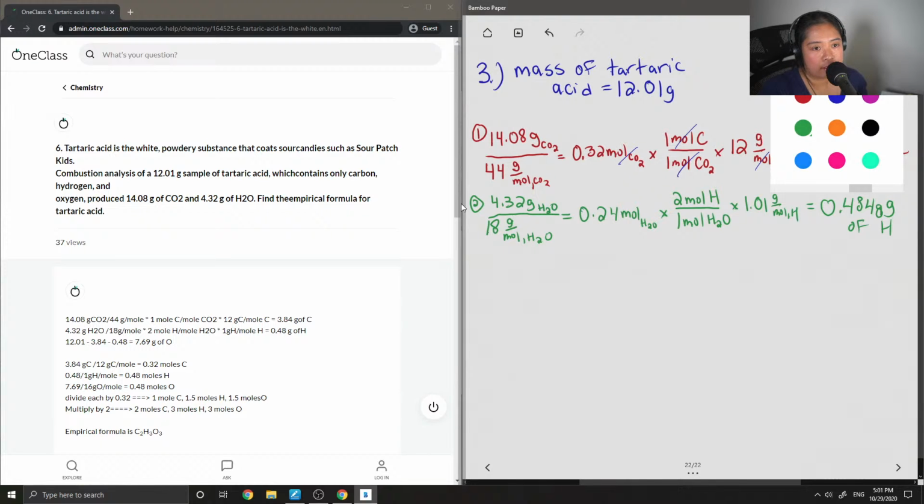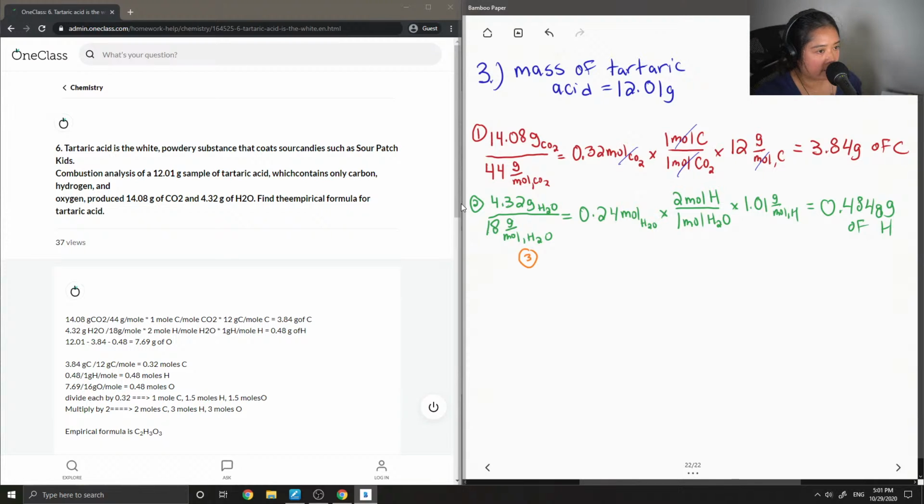So now, just by doing the law of conservation of mass, if I know that we had a total of 12.01 grams of tartaric acid, I'm going to subtract the 3.84 grams of carbon that was there, and going to subtract the 0.4848 grams of hydrogen that was there.